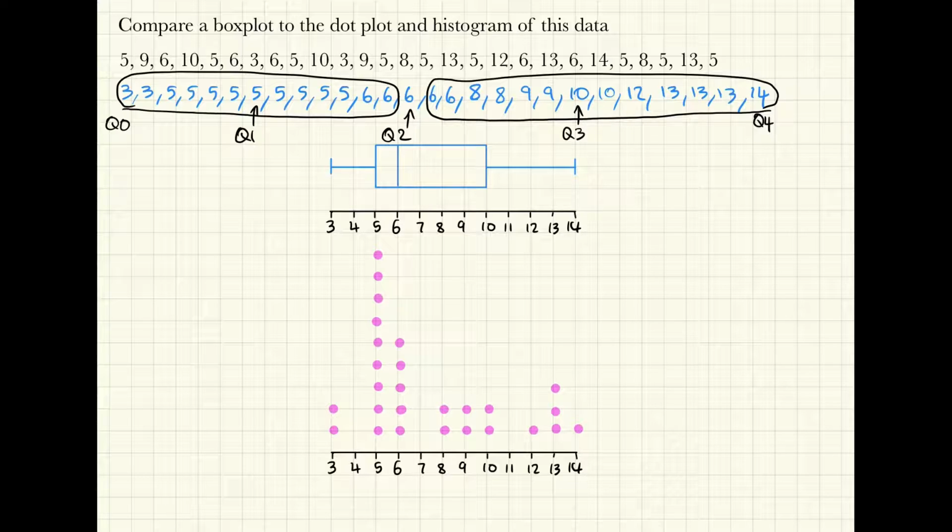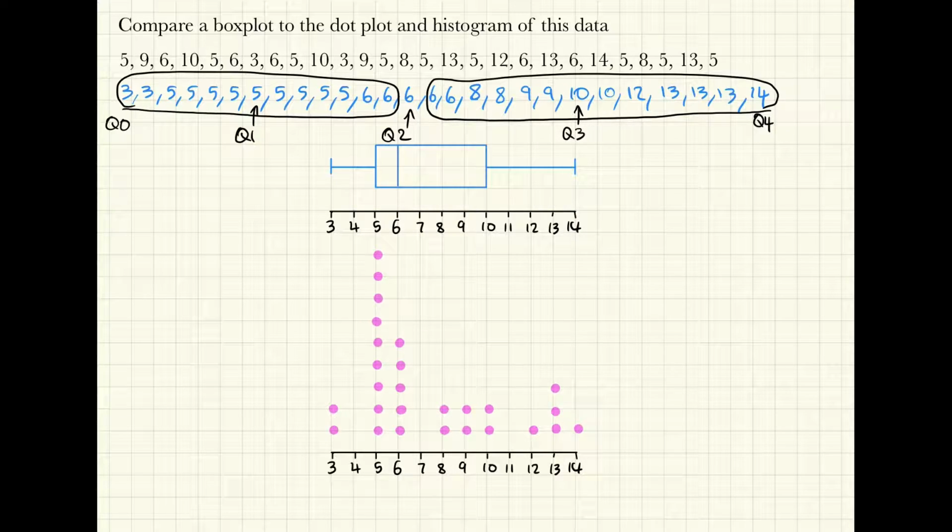That's me comparing and describing the similarities of this box and whisker plot to this dot plot. So I'll say it again: most of the data, or where you get the highest points on your dot plot, are located between the first quartile and the median on your box and whisker plot.